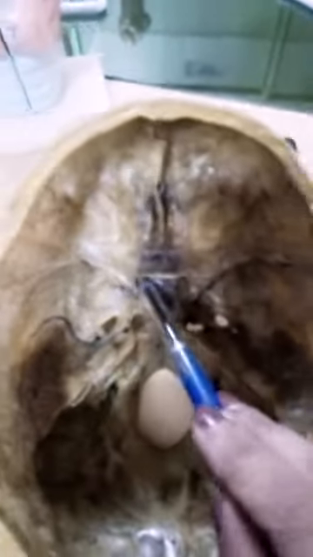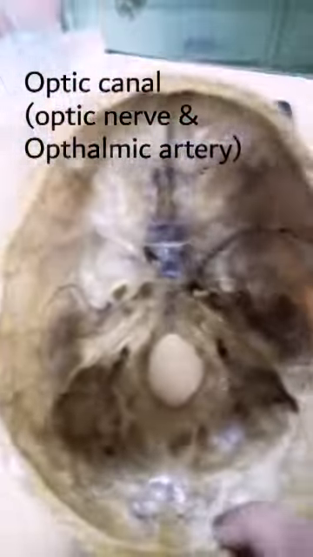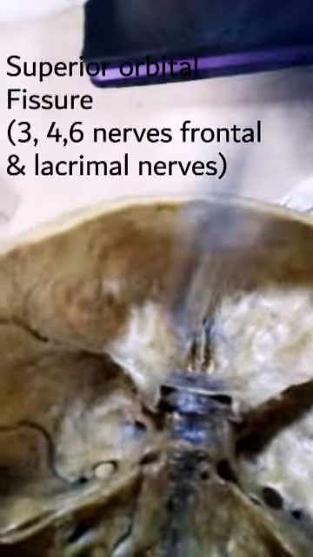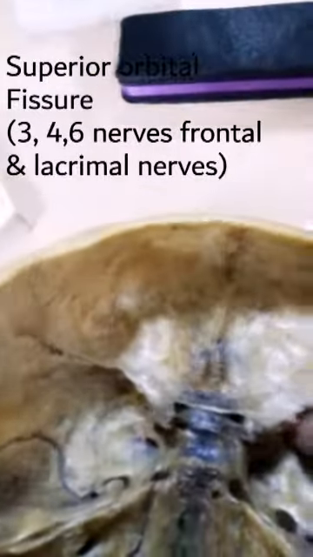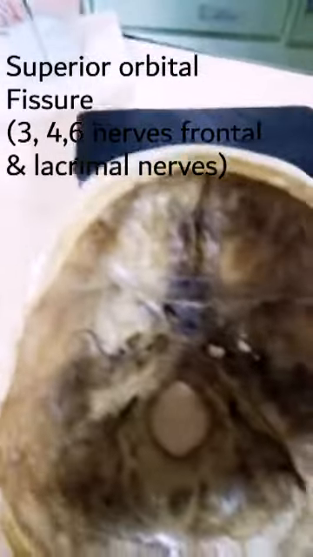The canals in these are the optic canals. These ones are the optic canals. And if we tilt here, these are the optic canals and below the optic canals, these ones are the orbital fissure.